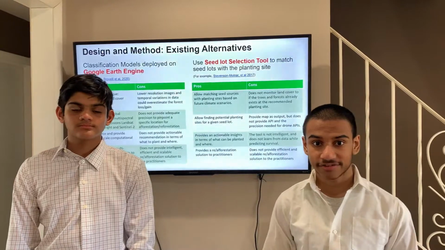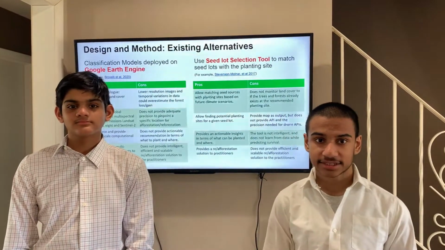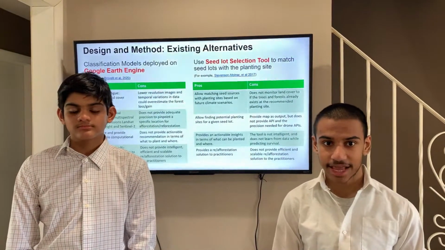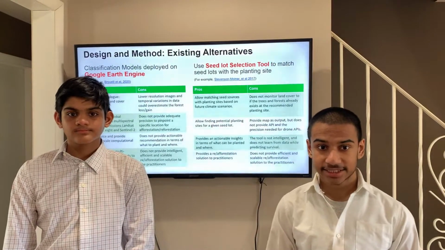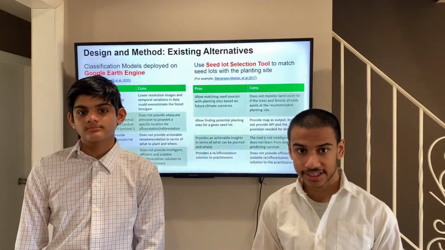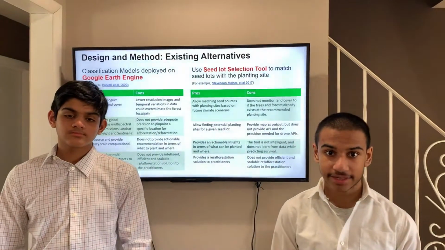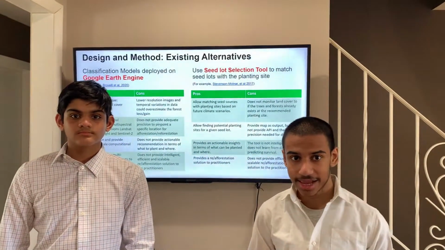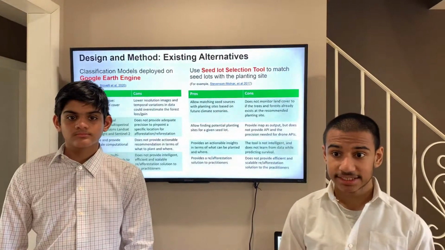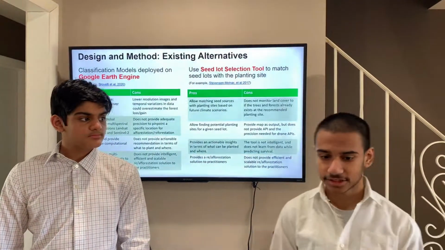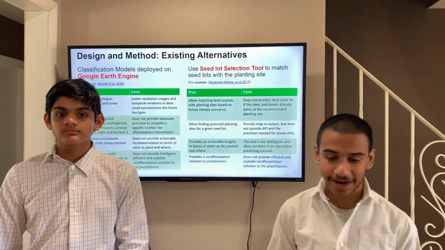This introduces a lot of complexities, though, as the climate is changing, and this means that sometimes the area where trees can grow, the seed zones, aren't static anymore, and trees might not be well adapted to their original climate. These complexities are why the seed lot selection tool, an existing tool, inspired us.